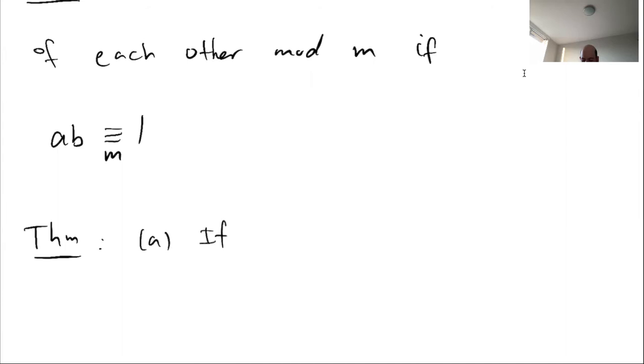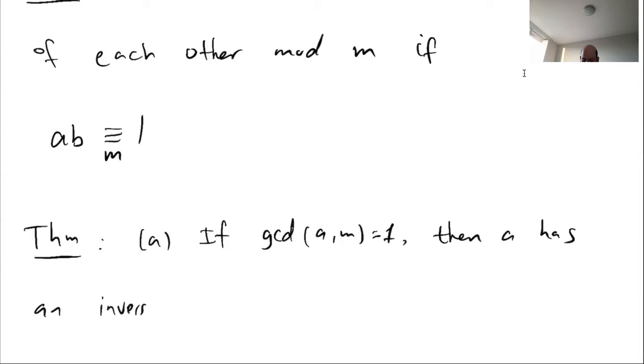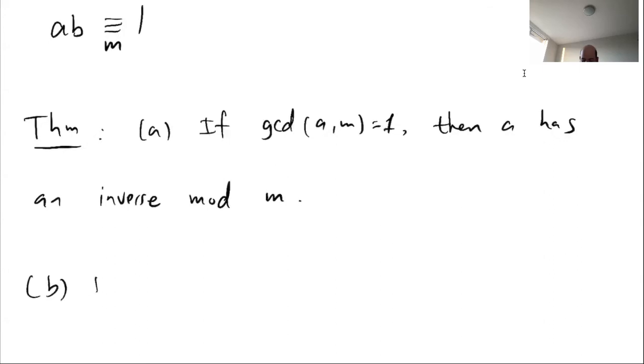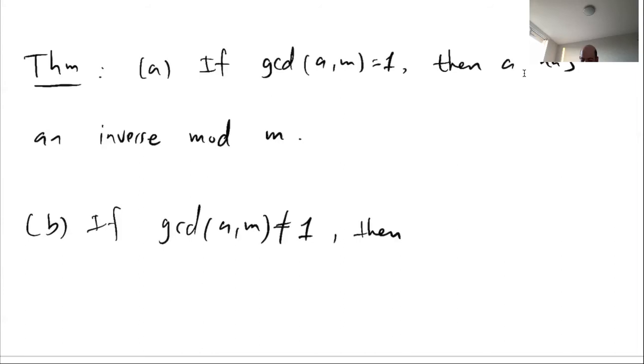Part A: if GCD of A and M equals 1, then A has an inverse mod M. Part B: if GCD of A and M is not equal to 1, then A does not have an inverse mod M.